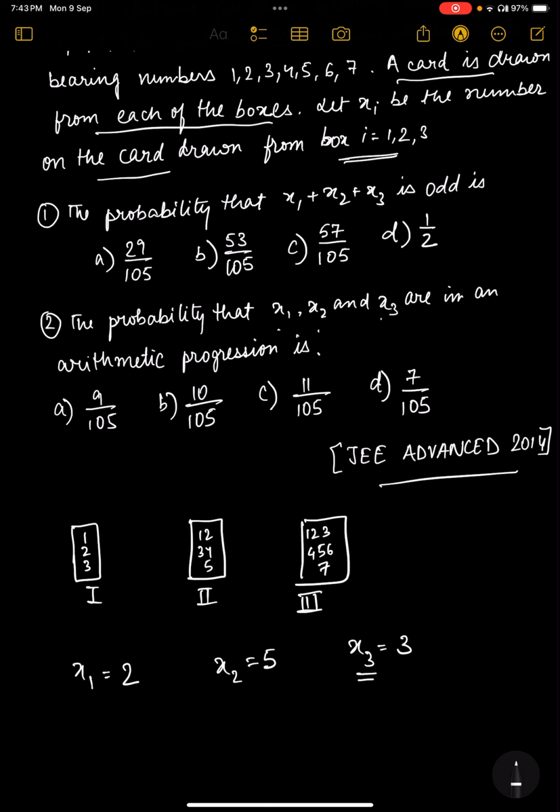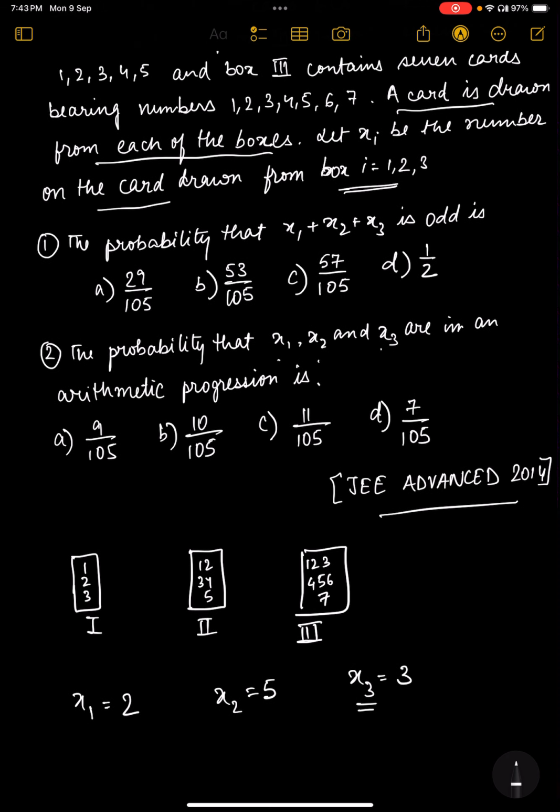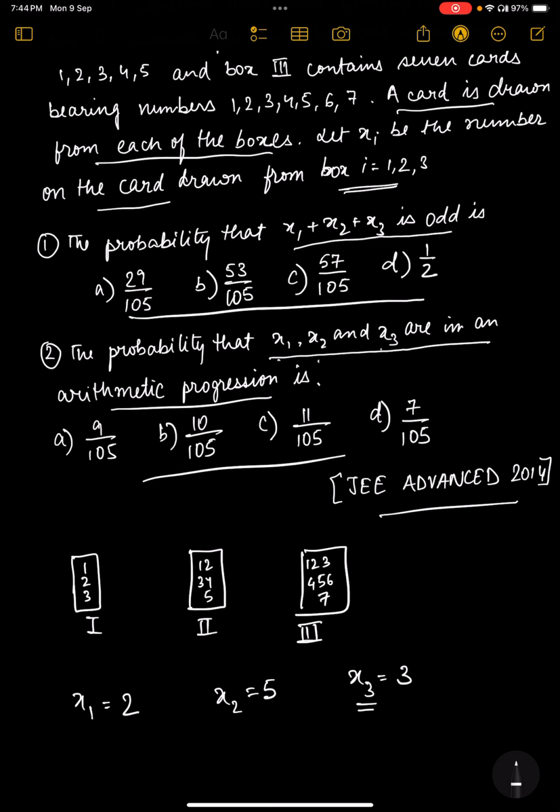So this is the number on the card. Now we have two questions. The probability that x1 plus x2 plus x3 is odd, and four options are given to us. And in the second question, we are asked the probability that x1, x2, and x3 are in arithmetic progression, and four options are given to us.